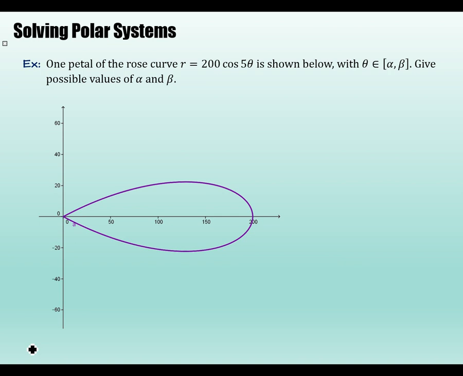Since r has to equal 0 when they start and they end, you said you just put r as 0, but you have to make sure it's the right one.